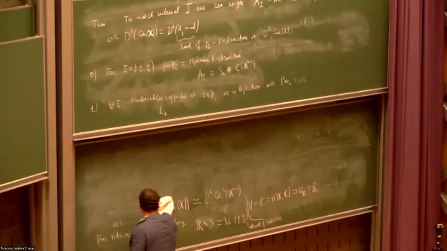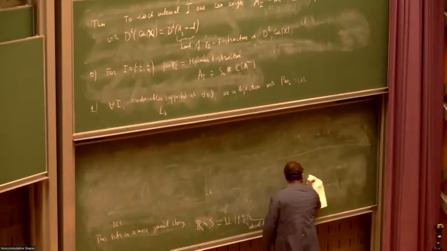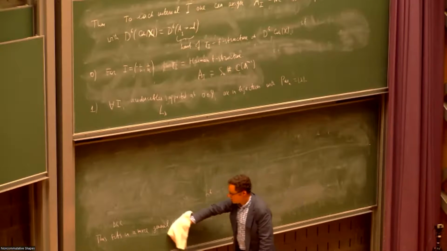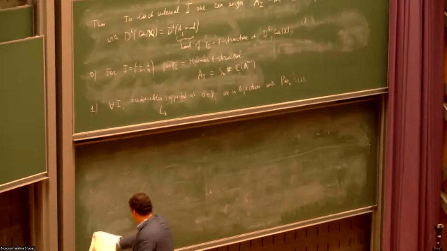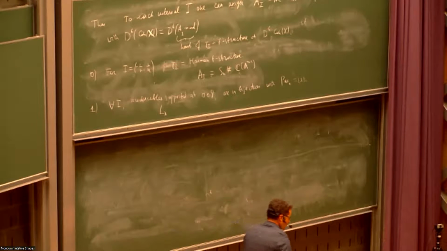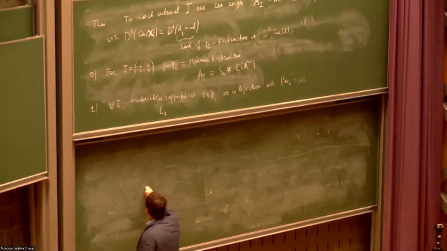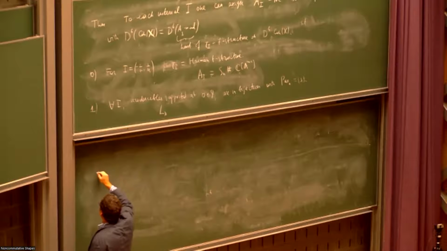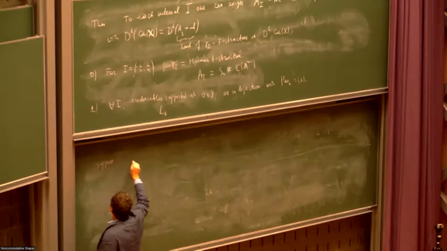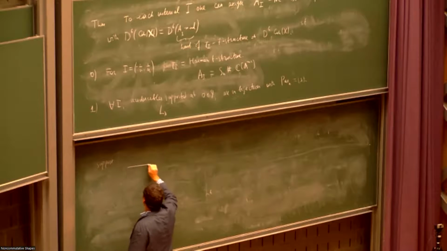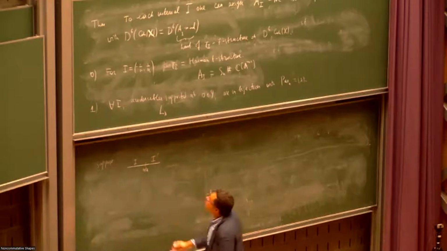Then the relation between the t-structures. So suppose we have a point here, like a over b, and here we have an interval I, and here we have an interval I prime.